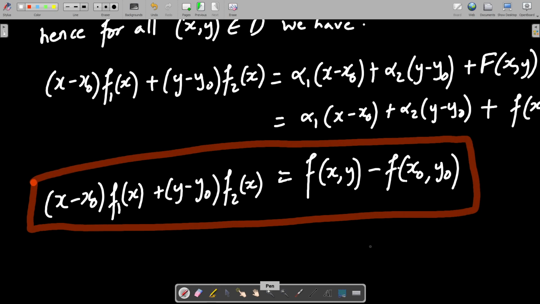We can call this (4), and this is true for all (x,y).